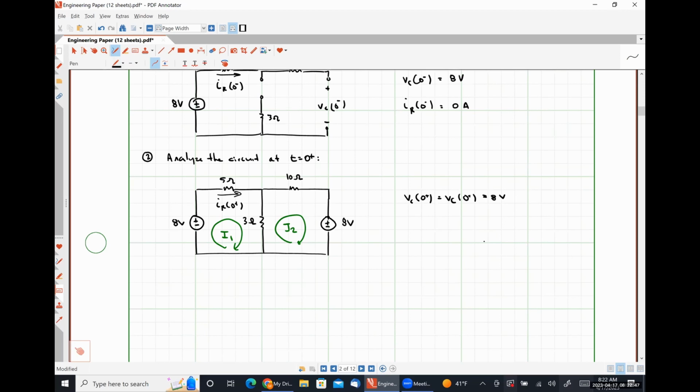So we would have negative 8 volts plus 5 ohms times I1 plus 3 ohms times (I1 minus I2) is equal to 0. And then we would have 3 ohms times (I2 minus I1) plus 10 ohms times I2 plus 8 volts is equal to 0.